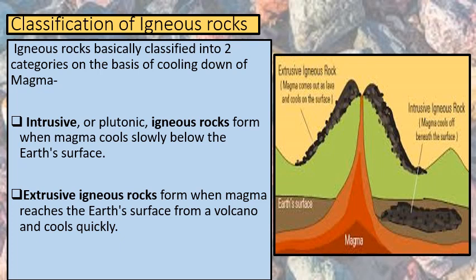These types of rocks are smooth, crystalline, and fine grained. They are also known as volcanic rocks, whereas intrusive igneous rocks are formed from magma that cools and solidifies inside the Earth's crust. They are coarse grained as they are formed by slow cooling magma.